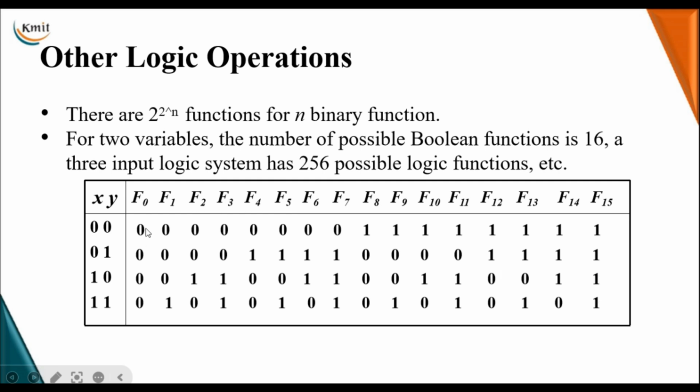So F0 is taken as 0000, F1 is taken as 0001, F2 is taken as 0010, F3 is taken as binary 3, F4 is 0100, F5 is 0101, F6 is 0110. Like this we have replaced the four output functional values with the possible zeros and ones, so in total we obtained 16 combinations.